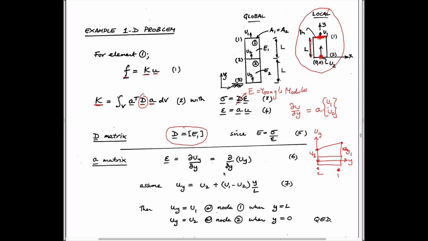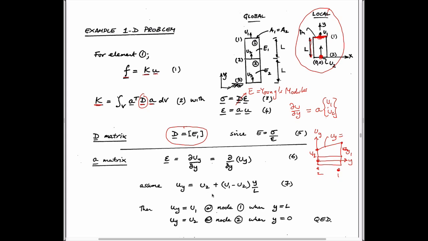So the equation for this curve now is displacement y at any location is equal to this. So at y equals 0, this term drops out. The displacement at y equals 0 is u2, hence this.